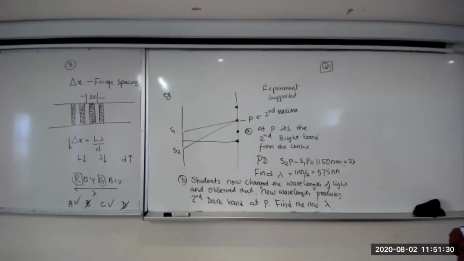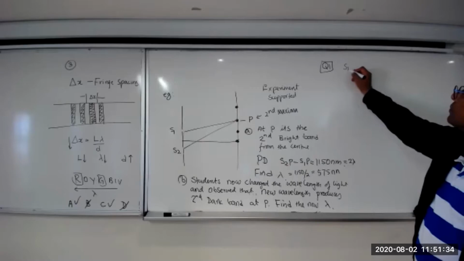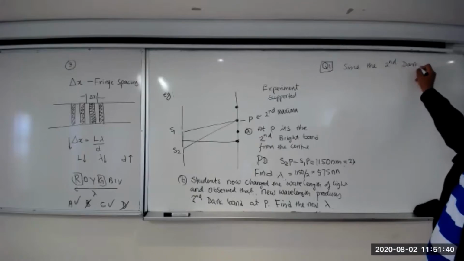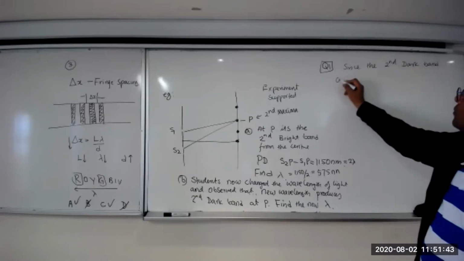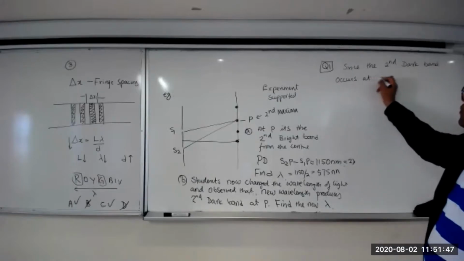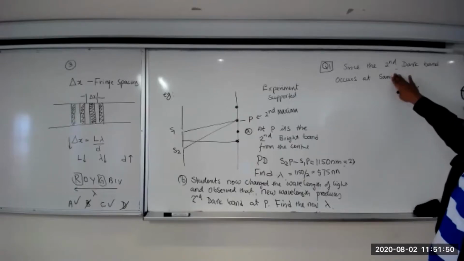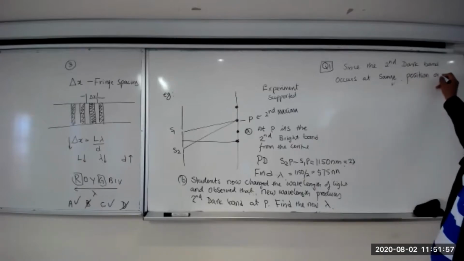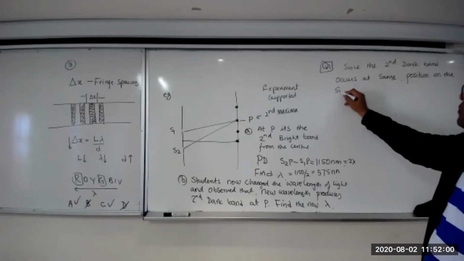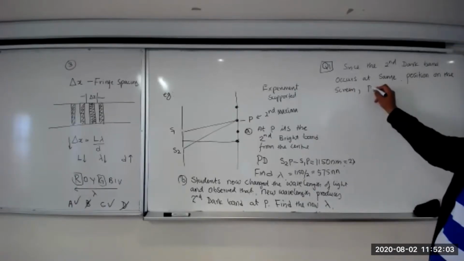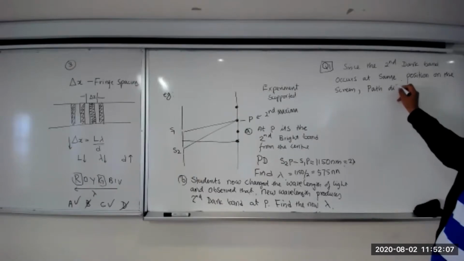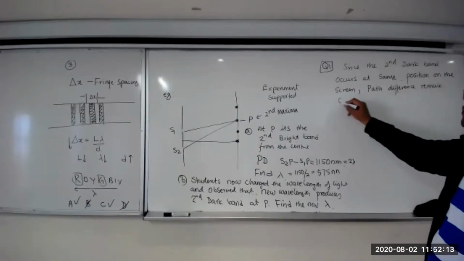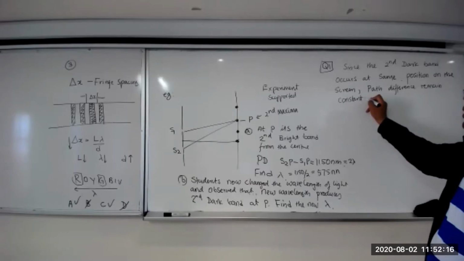Okay, so at the same P, at the same position on the screen, the path difference remains constant.